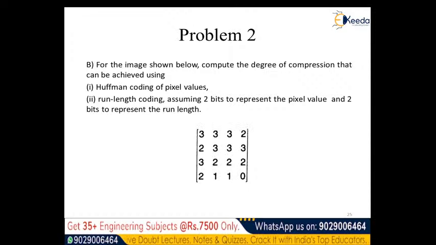The given image sample is of the order 4 by 4. The first row pixels are 3 3 3 2. In the second row we have 2 3 3 3. In the third row we have 3 2 2 2, and in the last row we have 2 1 1 0 here. So this completes our problem statement.